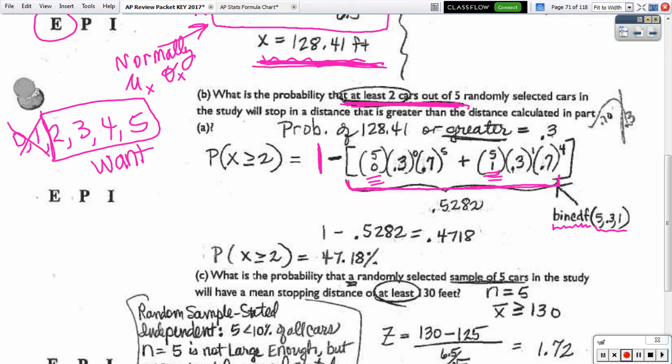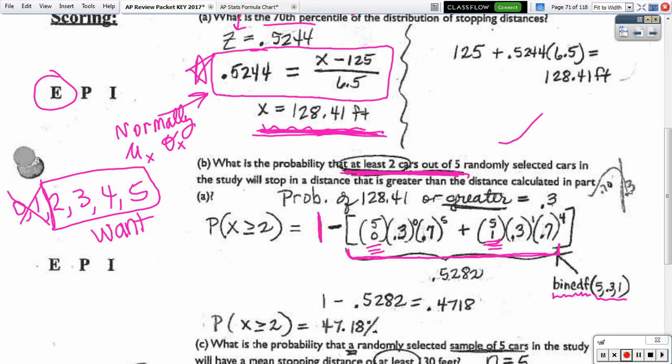What's the probability of success? Well, here's the deal. Right up above here, it told you that this distance, 128.41, was above 70% of the data. So, what's the probability that you will stop at a greater distance than that? It is 30%.